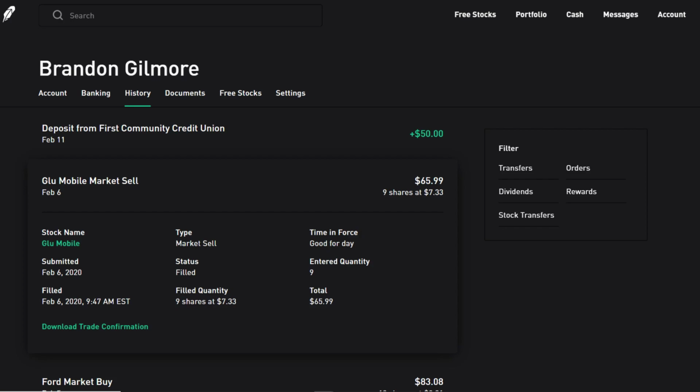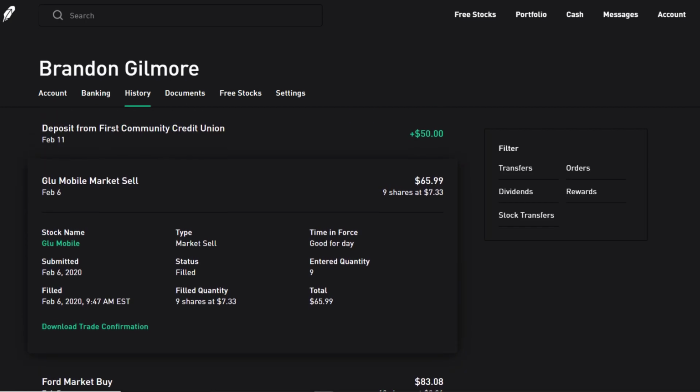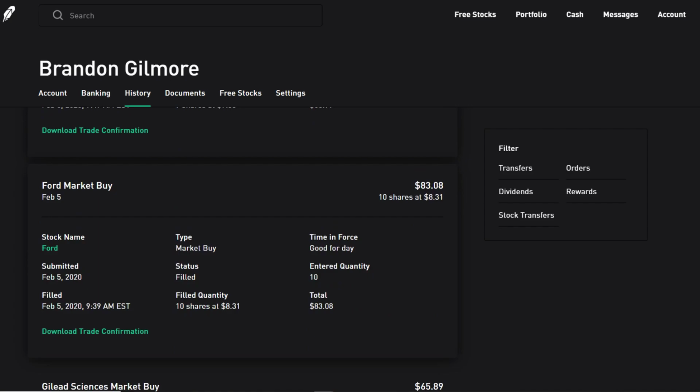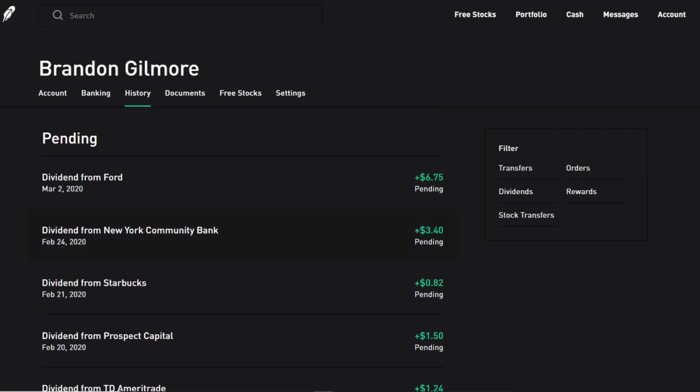Overall, sold it for a profit, which is nice, I guess. I missed a little bit more of a run-up, but this was a dog of a stock in my portfolio. I'm glad I got rid of it. I was holding on to it for quite a while, but eventually ended up making a profit. Nothing too crazy. And for your market buys, it'll tell you at what rate and how many shares you purchased. So that's interesting. Fun stuff.